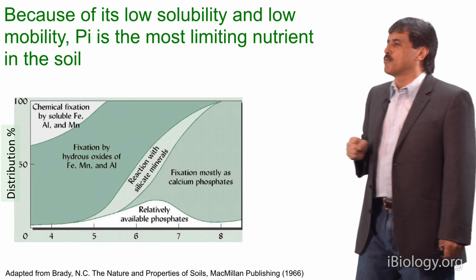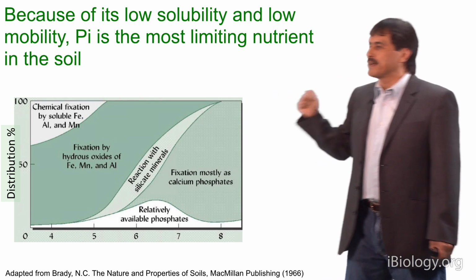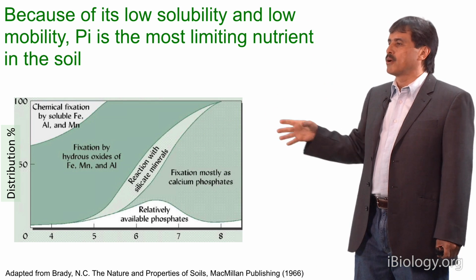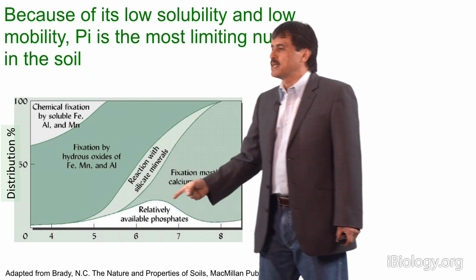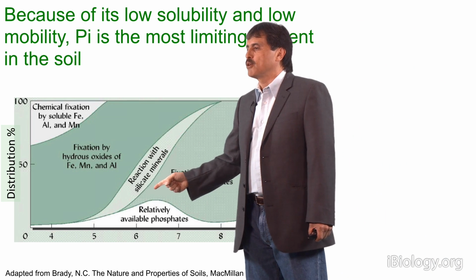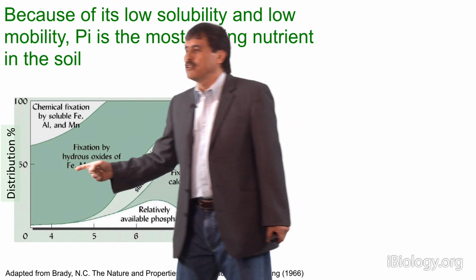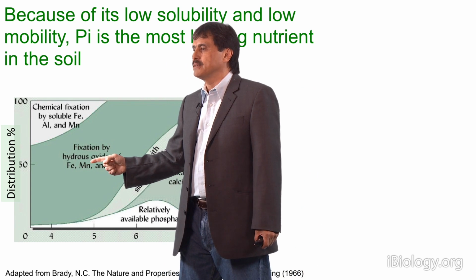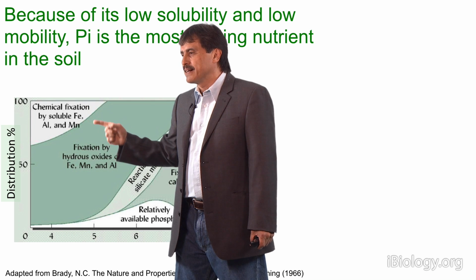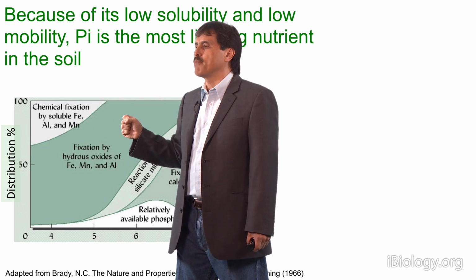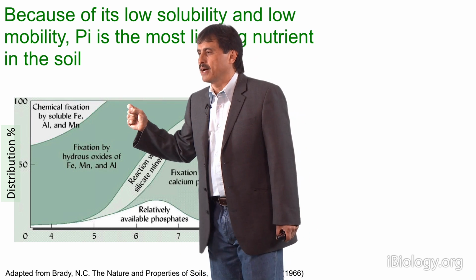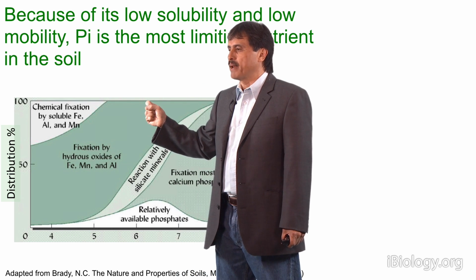Because of its low solubility and low mobility, Pi is the most limiting nutrient in the soil and most natural ecosystems. Solubility of phosphate depends on pH. At low pHs, acidic soils, phosphorus reacts with iron, aluminum, and magnesium, forming compounds that are not very soluble and cannot be taken up by the plant.